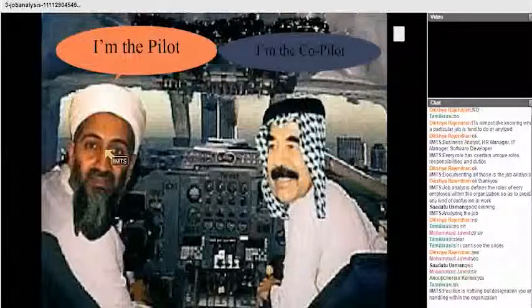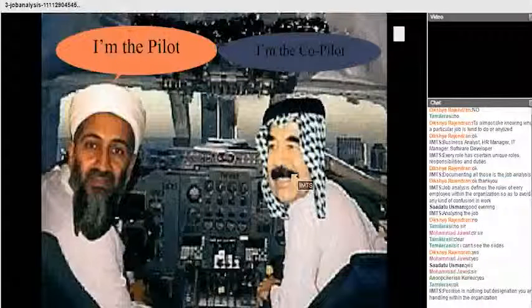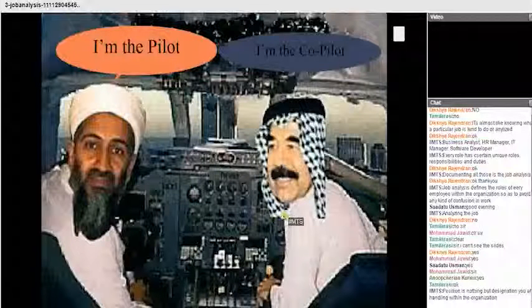Like for example, I am the pilot, I am the co-pilot. Can you name these 2 guys? Who are they? Can anybody name these 2 people displayed in the photograph here?